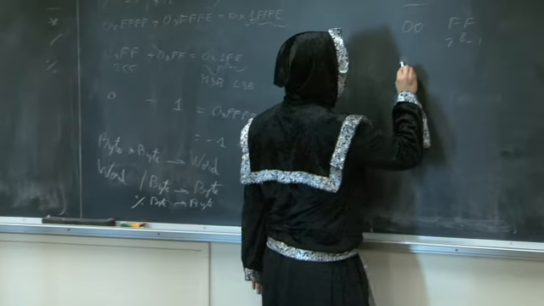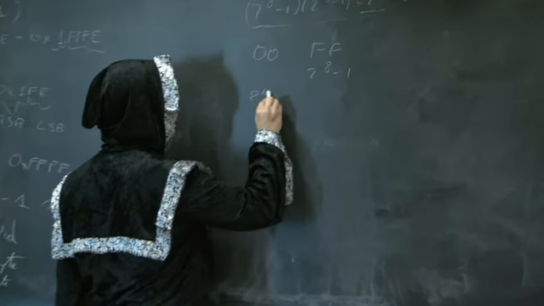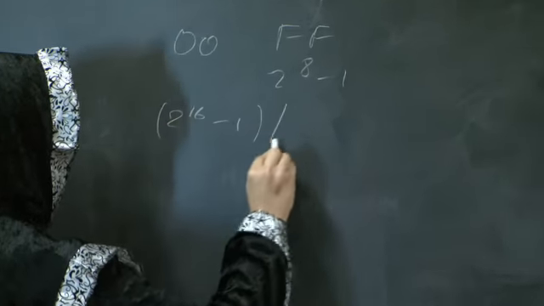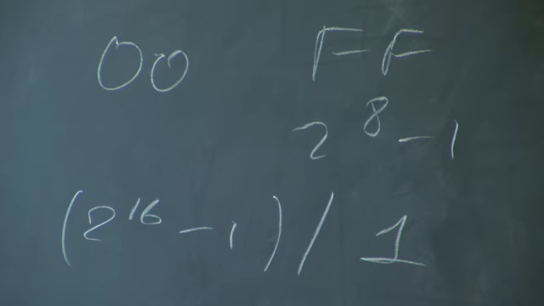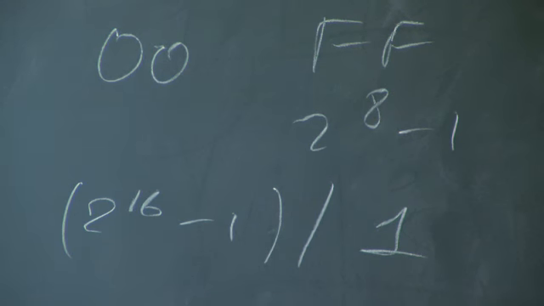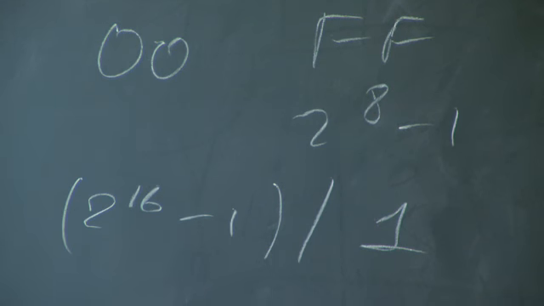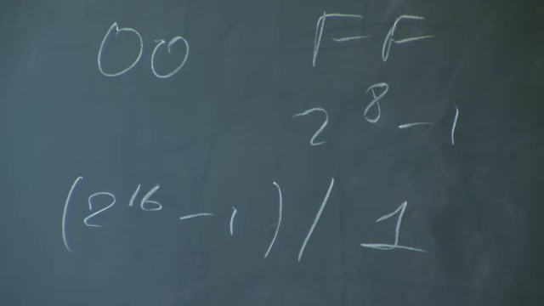How about 2 to the 16 minus 1 divided by 1? So what do you get? Same thing. Will this fit in a byte? No. Oh, that kind of overflow. Yep. And you get a word. You don't get a word. I promise you get a byte.